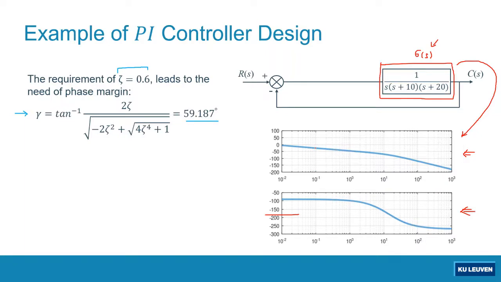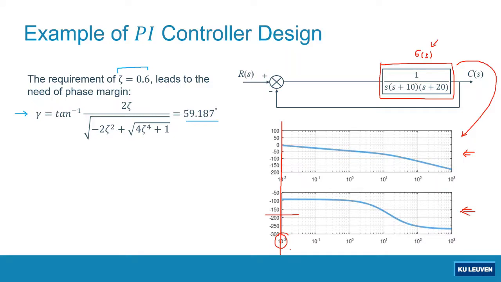The frequency at which the magnitude is equal to 0 dB will be this frequency. Just looking at this Bode diagram, roughly the frequency will be at 0.01 radian per second.